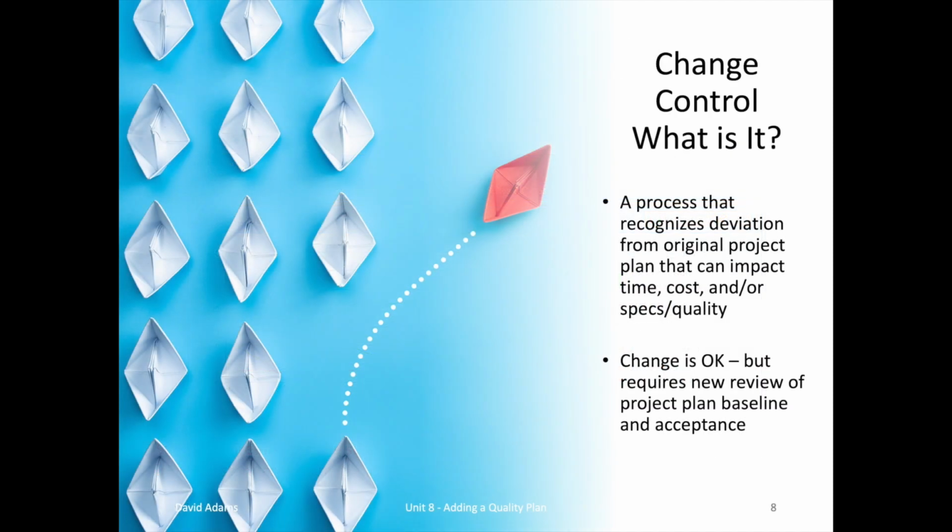We now want to move into our third component of quality, change control. What is it? Well, it's a process that recognizes the deviation from the original project plan that can impact time, cost, or the specification. You need to recognize that change is okay during a project, but it requires some sort of review so the project plan baseline can be reviewed and accepted because there may be an impact on time, cost, or the scope.